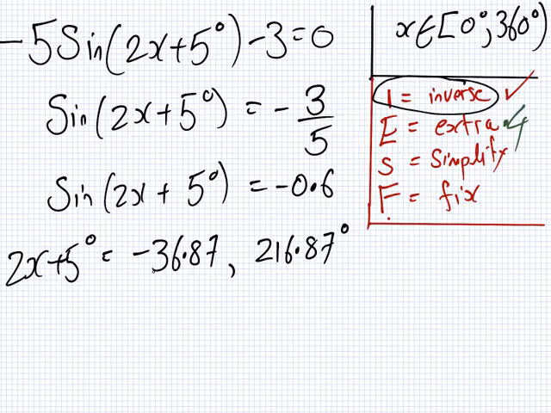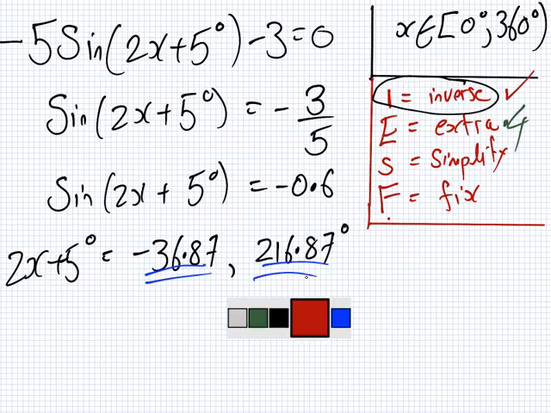At the moment, I only have 2 answers, and I need to have 4 answers. Does anybody know how to make the extra 2 answers I should have? 360 degrees.